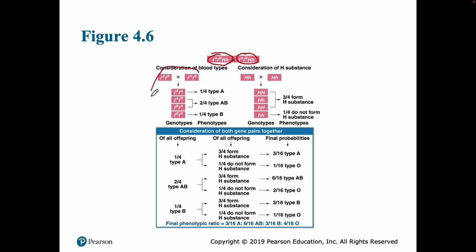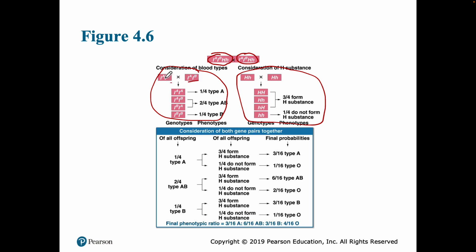You could consider the blood types as one cross, and then you could look at the cross of the H substance, the FUT1 gene. And when you do that, you get your same blood type patterns that we talked about before.